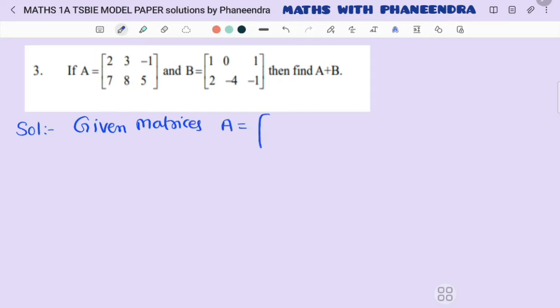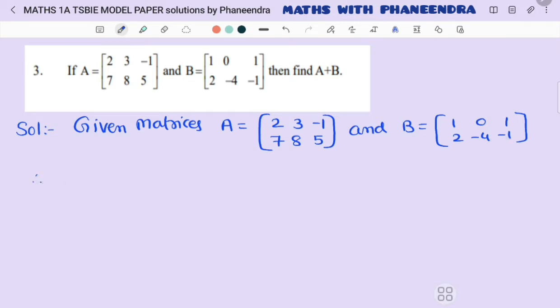Given that A is equal to [2, 3, minus 1; 7, 8, 5] and B equal to [1, 0, 1; 2, minus 4, minus 1].